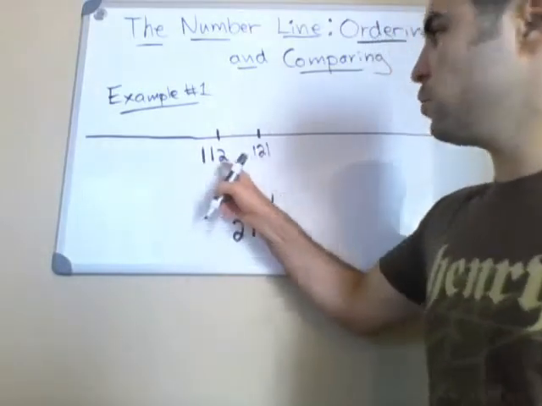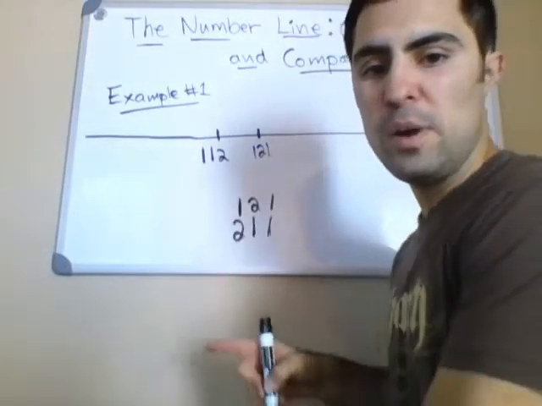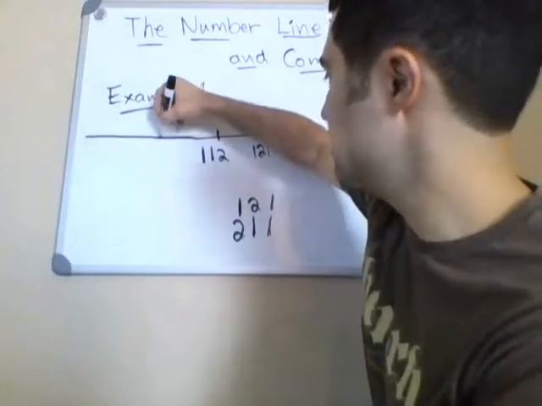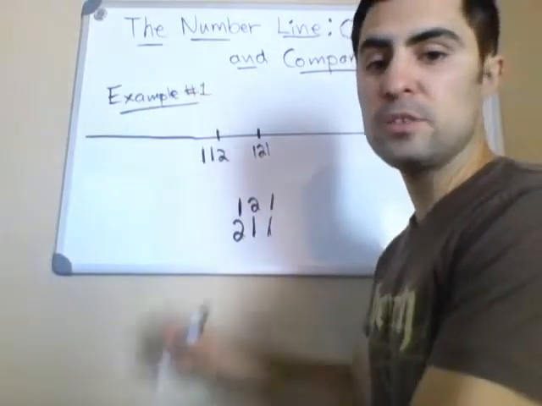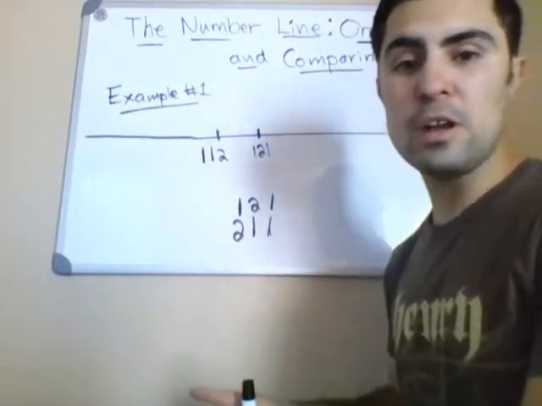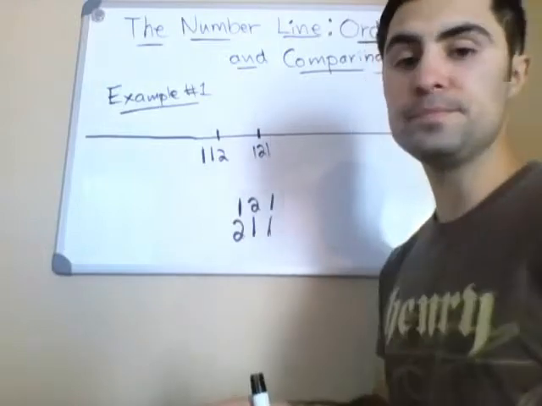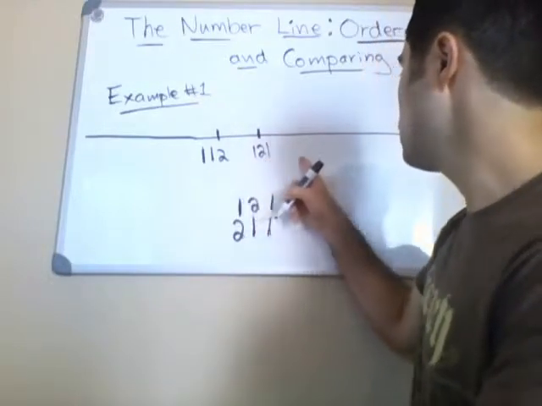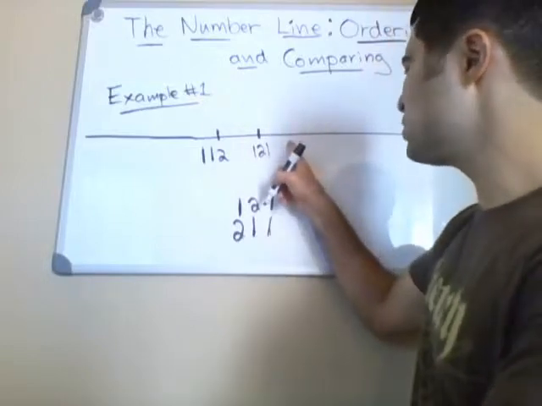Okay, so if 112 and 121 are here, where is 211? Is it going to be over here? No, because 211 is larger than those. I'd much rather have $211 than $121. Is it really close to 121?